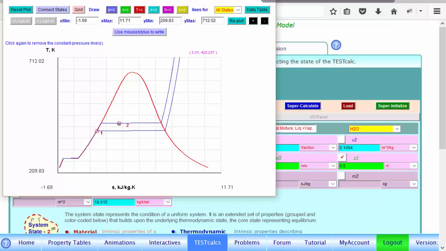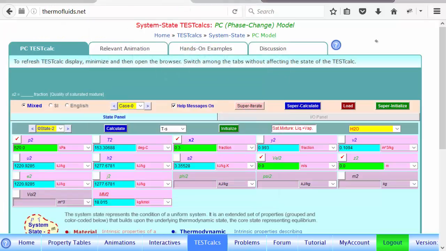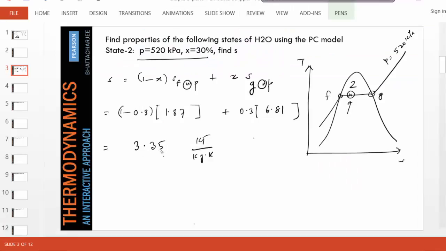State 1 has a different pressure from state 2. And our entropy value that we calculated was 3.35, and let's see what we got here, 3.355.